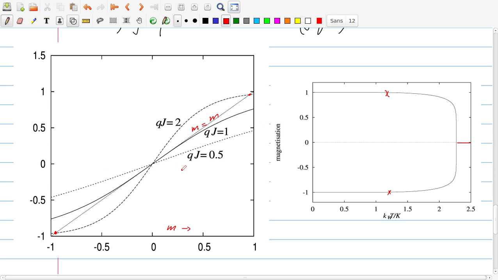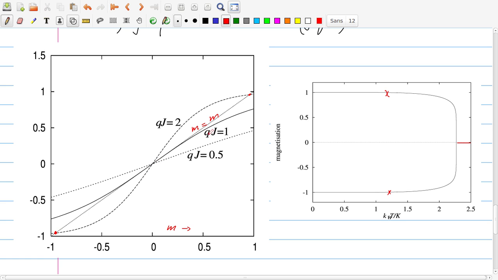So where is the critical point? Well, if we increase the temperature, then this hyperbolic tangent is going to have a flatter and flatter shape, and then when finally it just touches this line, so when it's parallel to this line at m is 0, then is the point where exactly these two intersections have merged, and beyond that there is only one point.